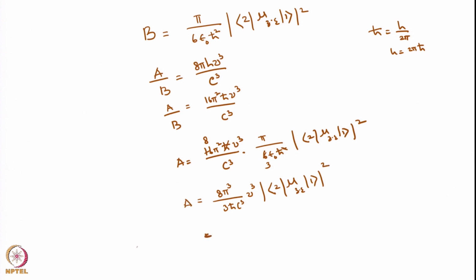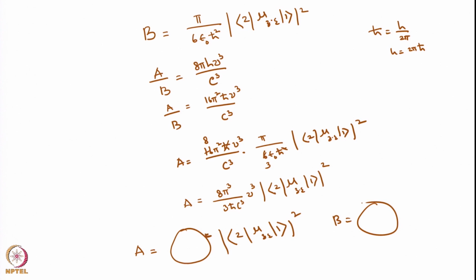So, what you have is A is some constant times (2 mu z epsilon 1) whole square and B is some other constant times (2 mu z epsilon 1) whole square, and these constants here will be 8 pi cube nu cube divided by 3 h bar c cube, and this constant is pi by 6 epsilon naught h bar square.